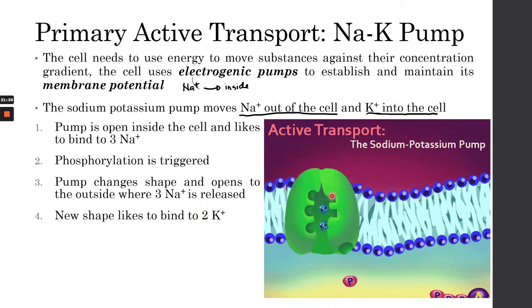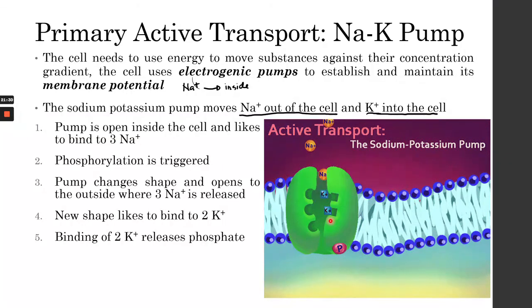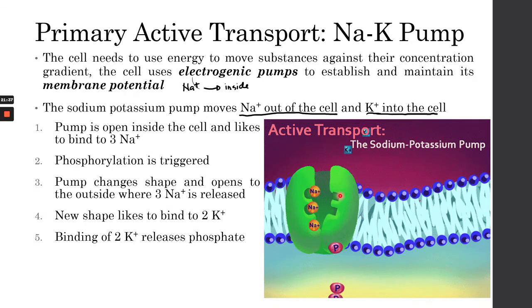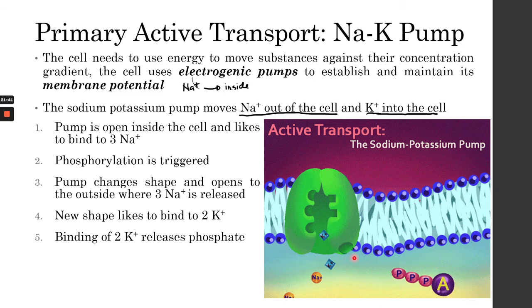What that means is that two potassium ions will bind onto the pump, and after the binding, the phosphate group would actually be released. So when the potassium binds onto this pump, the phosphate group that is attached in the pump will be released.